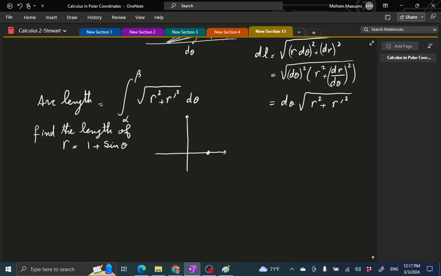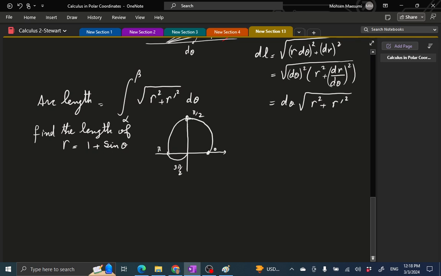By the time theta becomes pi over 2, we have gone to 2. And then by the time we hit pi, we are back to 1. So this is at 0, pi over 2, pi. By the time we are at 3 pi over 2, sine is minus 1, r becomes 0, we hit the origin, so it is 3 pi over 2.